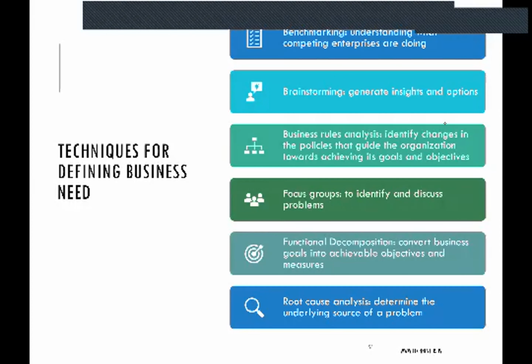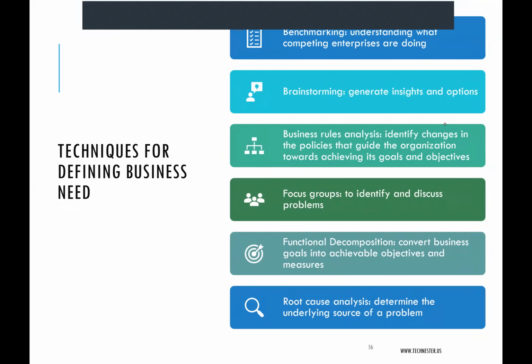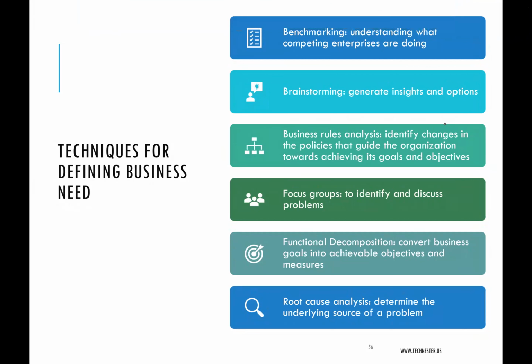Okay. Then we talked about focus group, where you gather likely consumers of a product or people that will be affected by a product. And then you ask them questions based on something you already have in mind. Then we talked about functional decomposition, where you are breaking down a huge task or a huge product or project or problem into small bits.